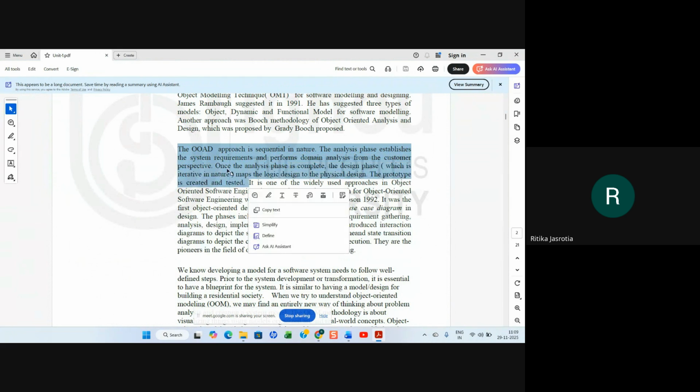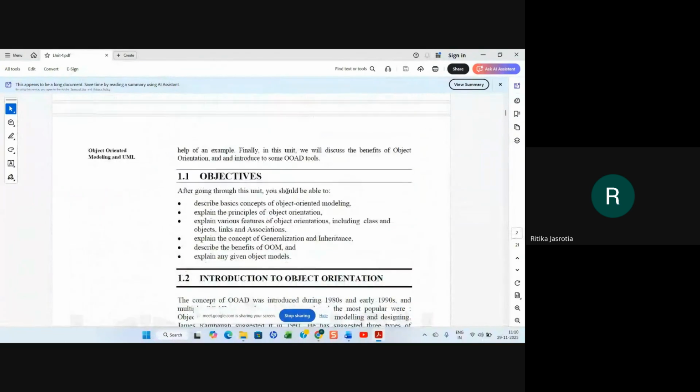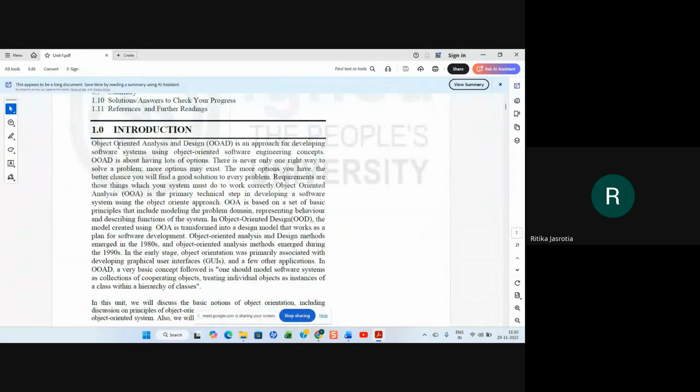Some things have been explained here, that OOAD is sequential in nature. The analysis phase establishes... OOAD is object oriented analysis and design. So you have to give the full form also. Object oriented analysis and design is an approach for developing software systems using object oriented software engineering concepts. OOAD is about having lots of options. There is never only one right way to solve a problem.